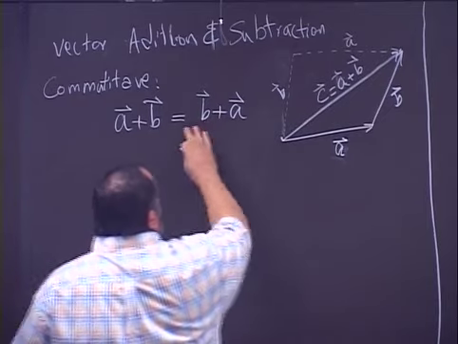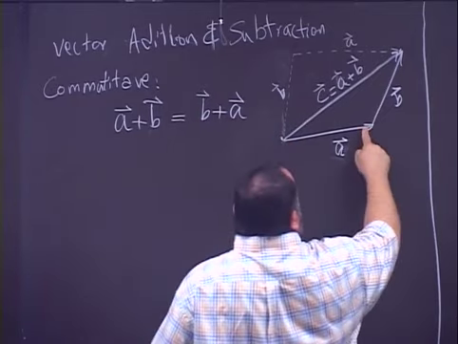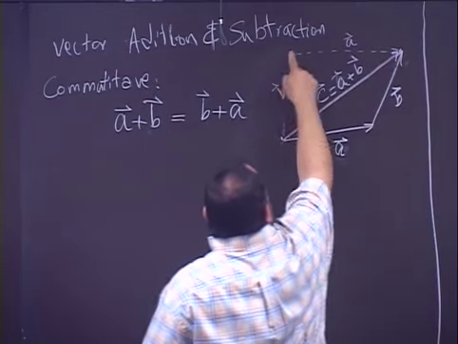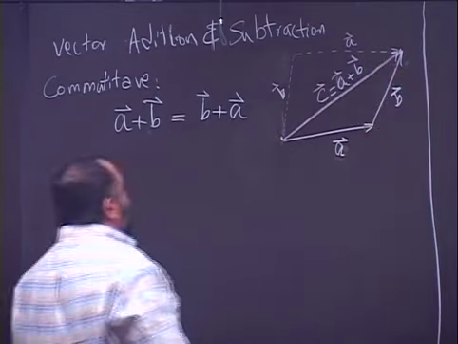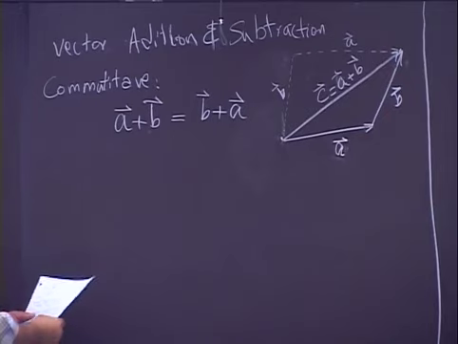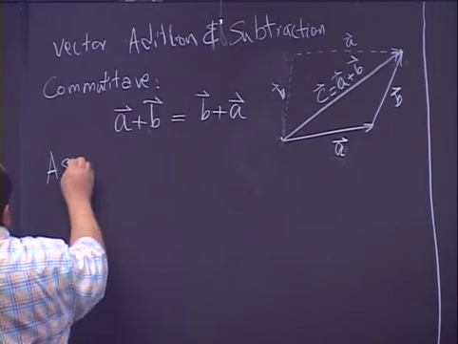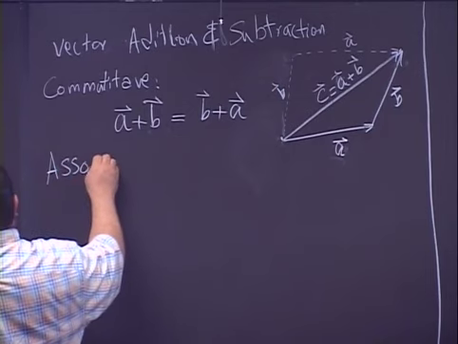So A plus B is equal to B plus A. A plus B will give you this vector C, and B plus A will give you, again, the same vector C. Another property is called associative.